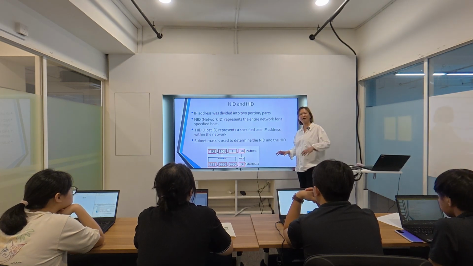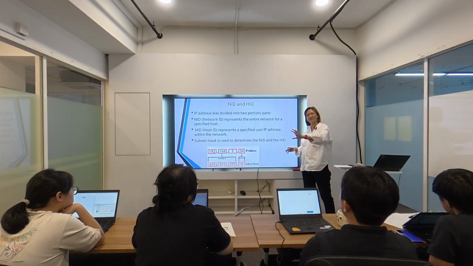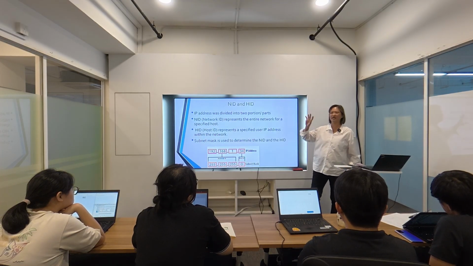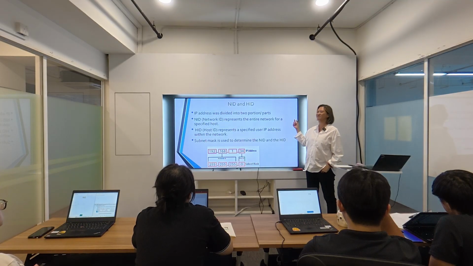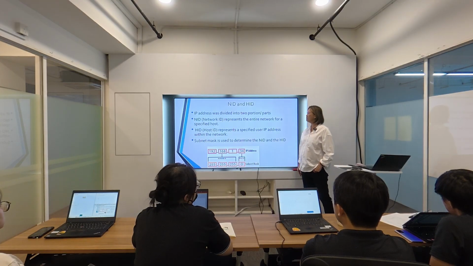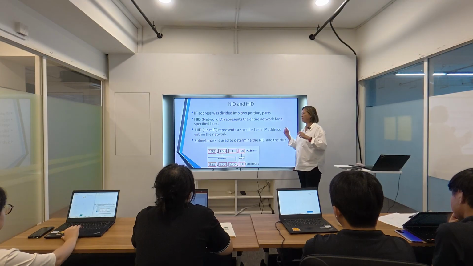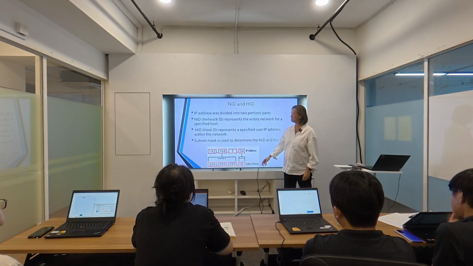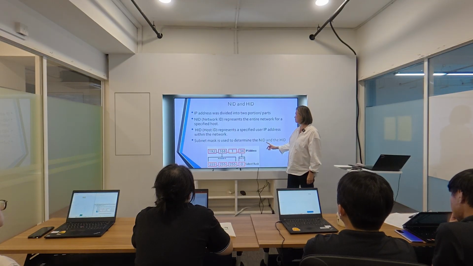Hierarchical means you have a section telling you about the location, and the other portion telling you about the ID of that host. So the subnet mask separates it into two portions. The network ID represents the entire network where this host comes from, and the host ID represents that specific host. So the subnet mask is used to determine the network ID and host ID.